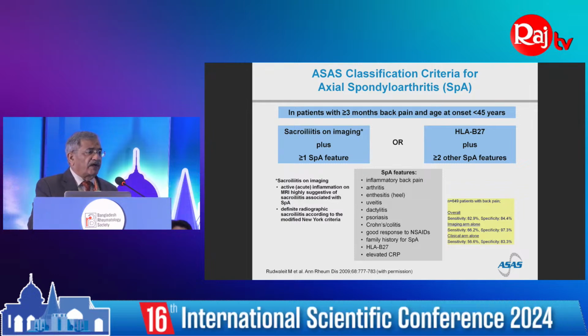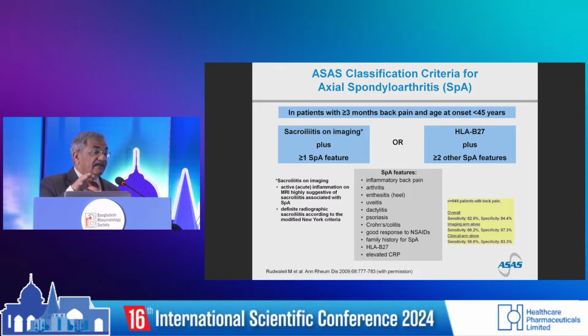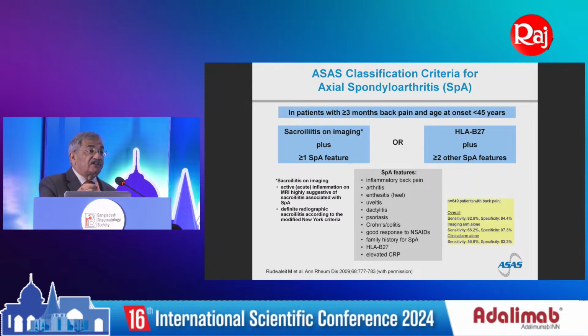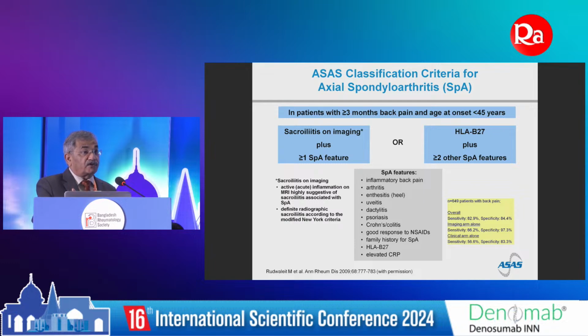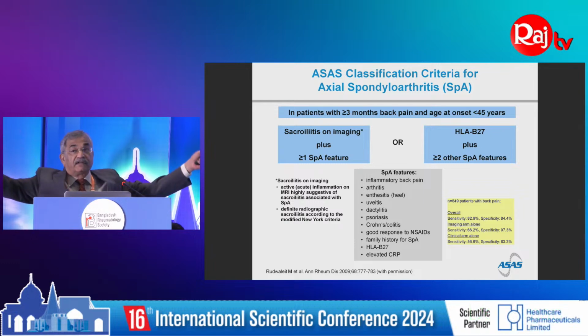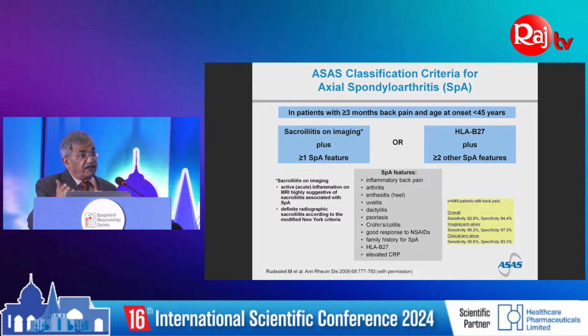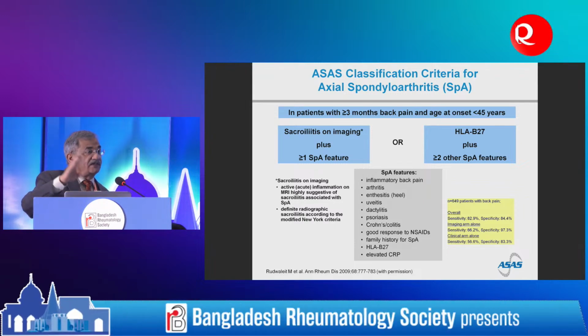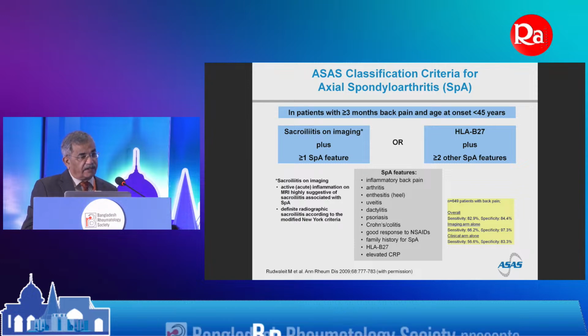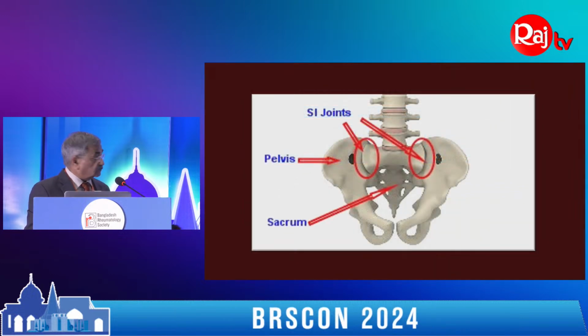Believe me, when I joined rheumatology in 1990, HLA was considered a research tool. Now tell me, it has become a criterion, that too classification criteria, not diagnostic. So HLA has been given this much importance.